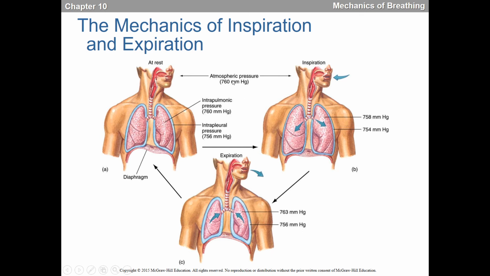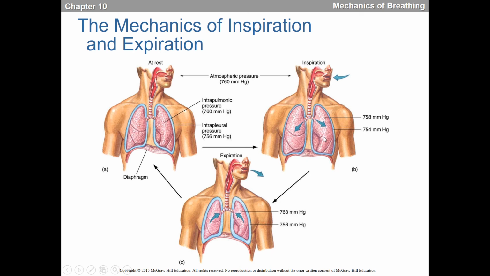So at rest, 760 is the lung pressure, and the intrapleural pressure, see right here, those are approximately the same as atmospheric pressure, so there's no movement of gas. Whenever we inspire, we use our diaphragm, we cause a pressure differential where there is less pressure within our lungs.